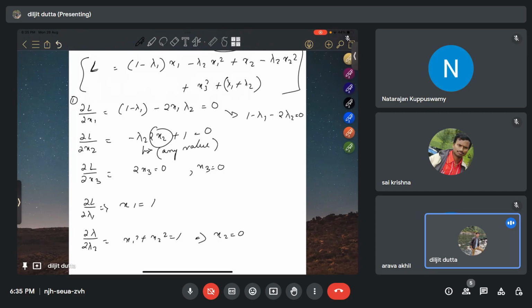So if lambda 2 can take any value, we'll have to put lambda 1 equal to 2 lambda 2 minus 1. So lambda 2 and lambda 1 are dependent, and in this case lambda 2 can take an infinite number of values. We can also take lambda 1 as proportional to lambda 2.